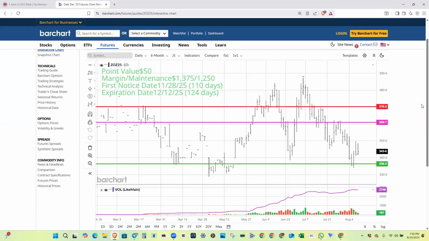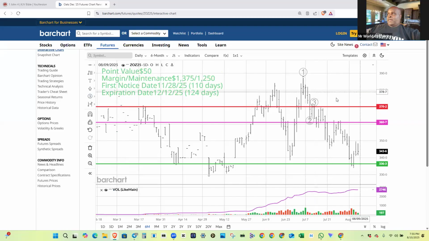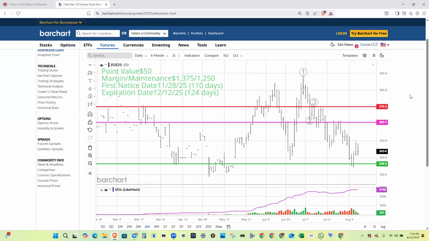But if it doesn't, we get stopped out and we have to wait for the 1, 2, 3 to form again. Correct, Delvin? Yeah, that's correct. And we did say we get into the market just below the number 2.